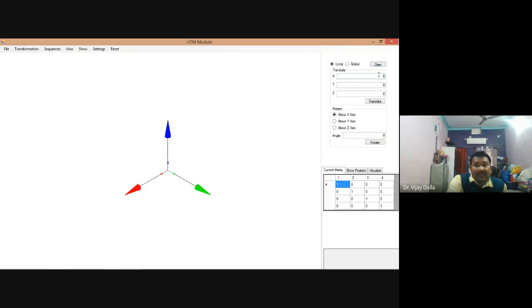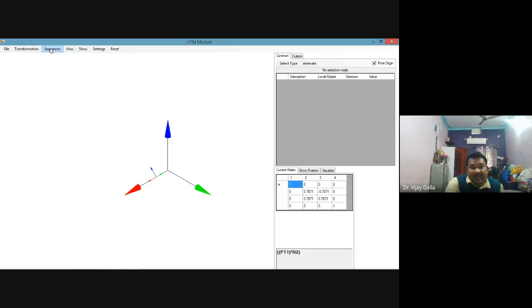Suppose there is a translation along the x-axis, so the frame got moved 2 units along the x-axis. Now we want rotation about the same axis, suppose a 45 degree rotation. So it got rotated. It is the third type, translation plus rotation.